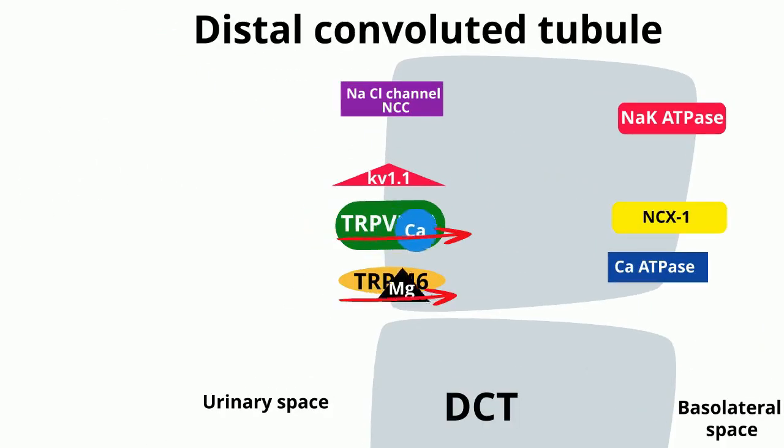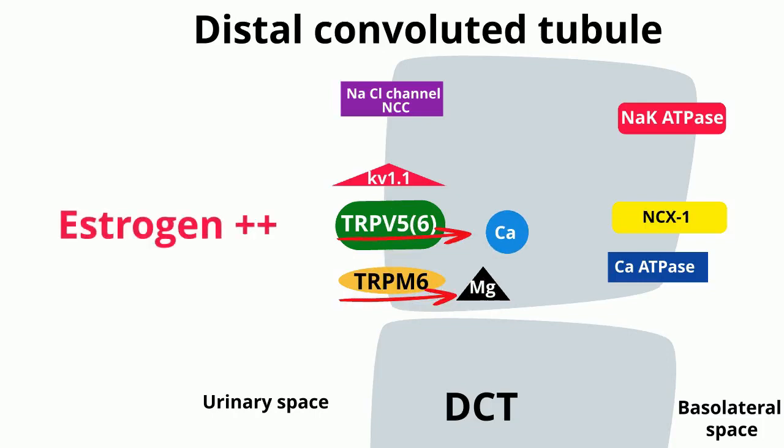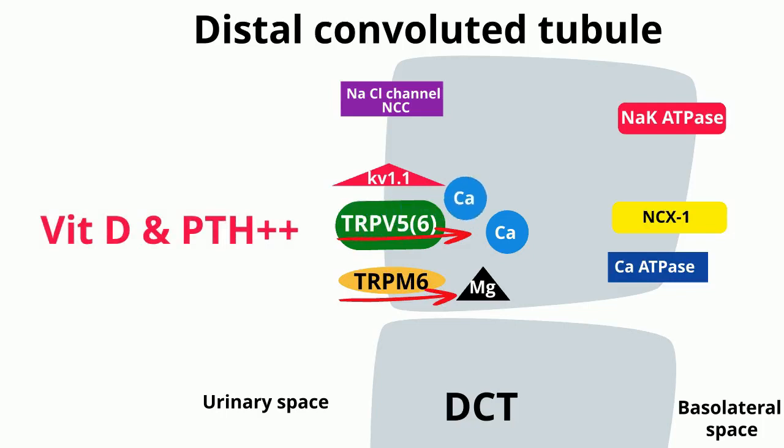There are certain hormones that affect the TRPV5 channel activity. Estrogen. We know that premenopausal women are not losing calcium, and they're not losing calcium because they're reabsorbing calcium in the distal convoluted tubule. Estrogen is protective. Vitamin D and parathyroid hormone also increase TRPV5 activity.